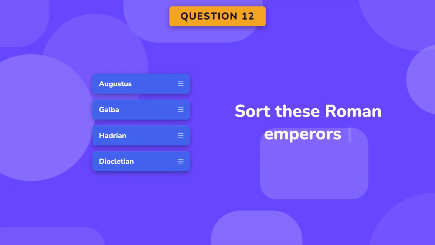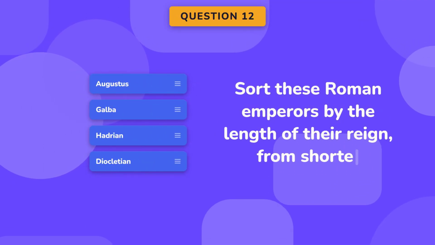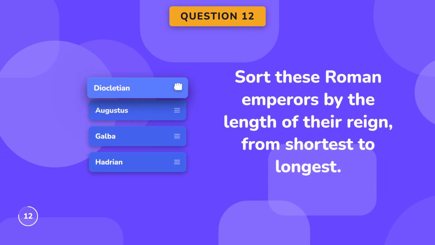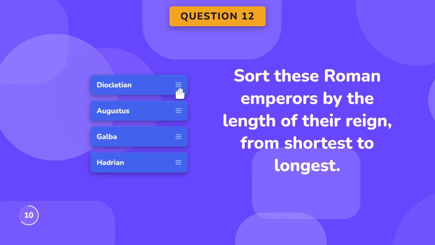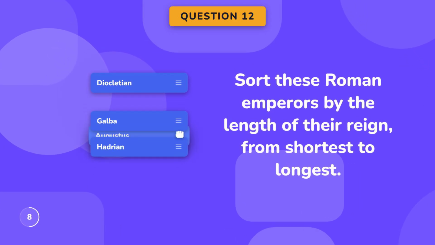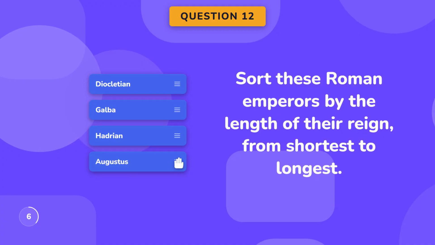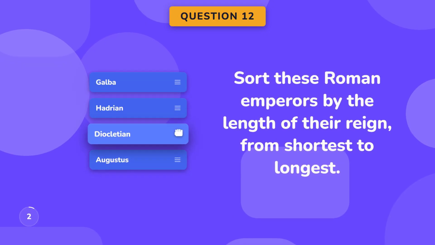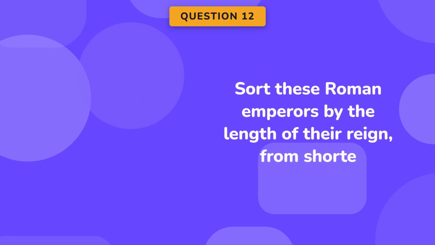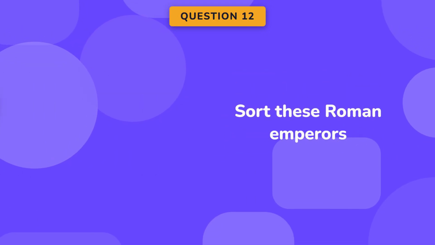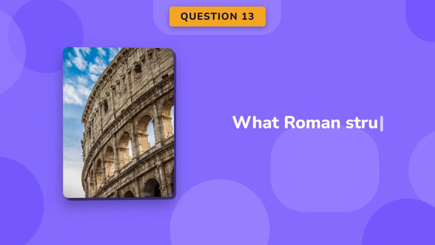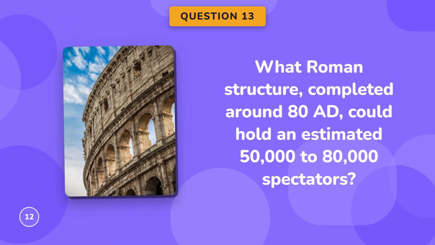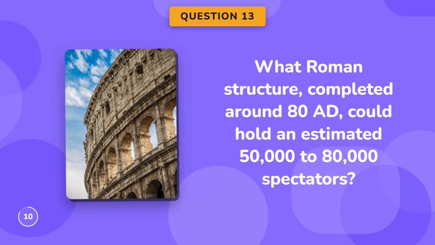Sort these Roman emperors by the length of their reign from shortest to longest. What Roman structure, completed around 80 AD, could hold an estimated 50,000 to 80,000 spectators?